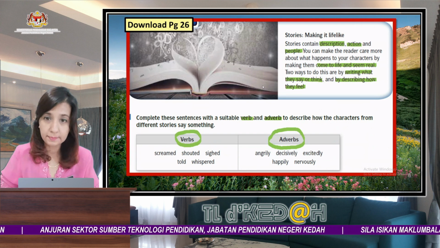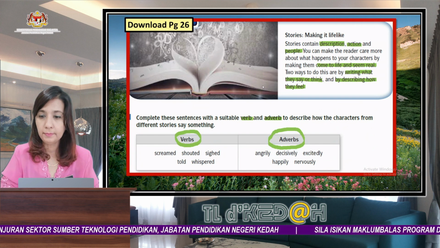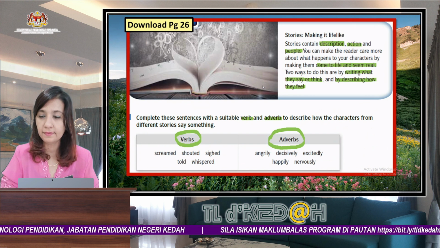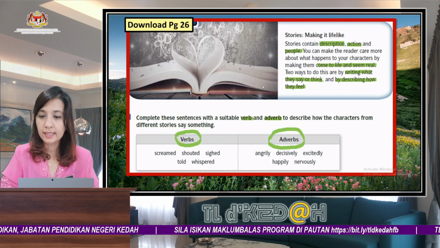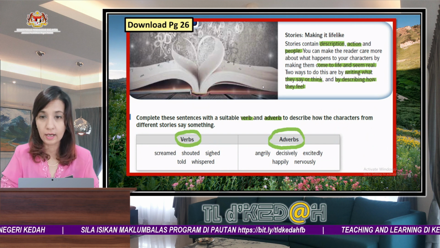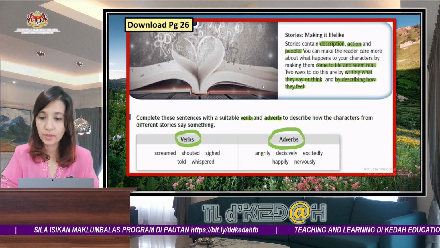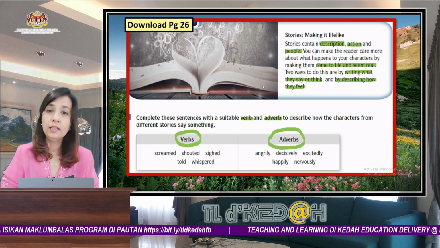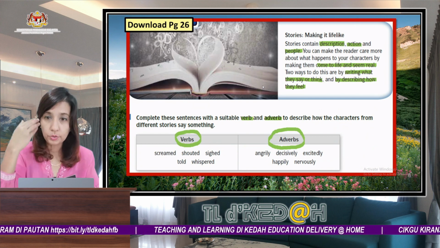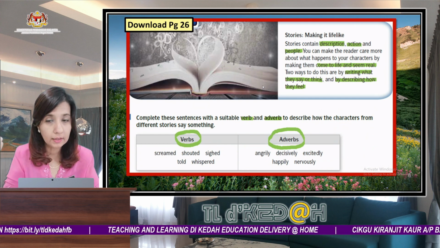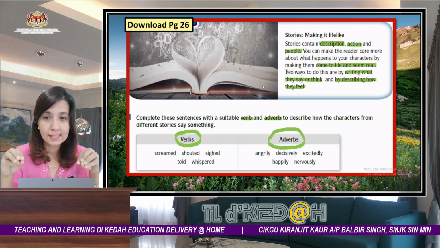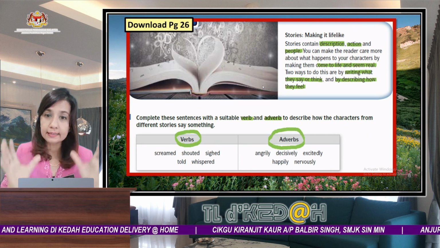You can make the reader care more about what happens to your characters by making them come to life and seem real. Two ways to do this are by writing what they say or think and describing how they feel. So a lot of senses are used here: how you feel, what you see, what you hear, what you smell, what you touch. All these are the senses that make your story alive.